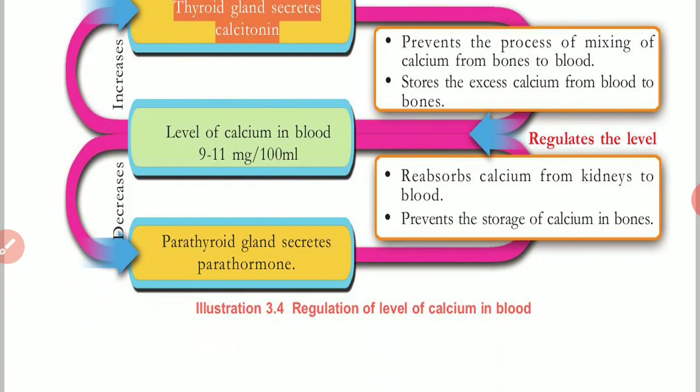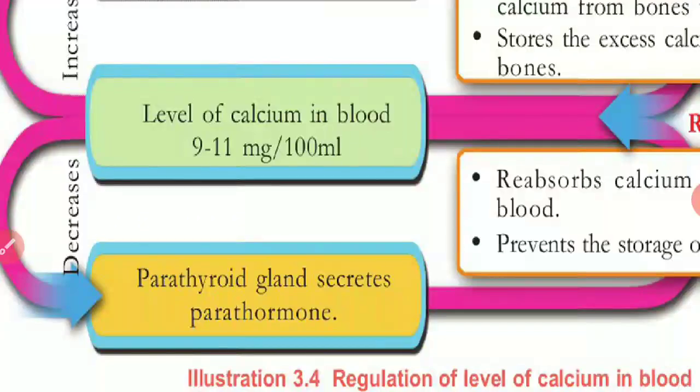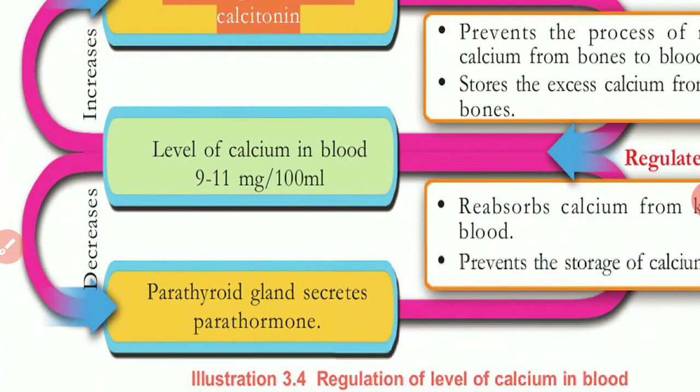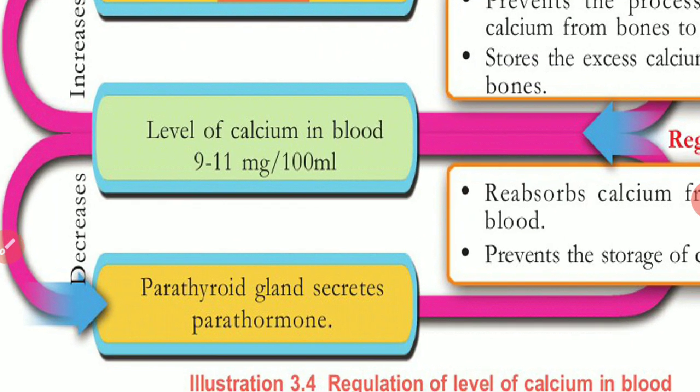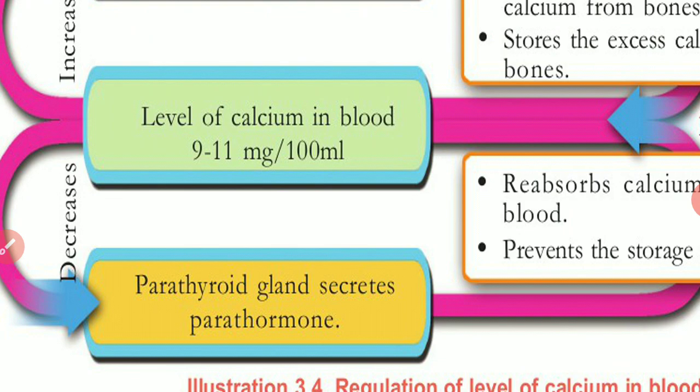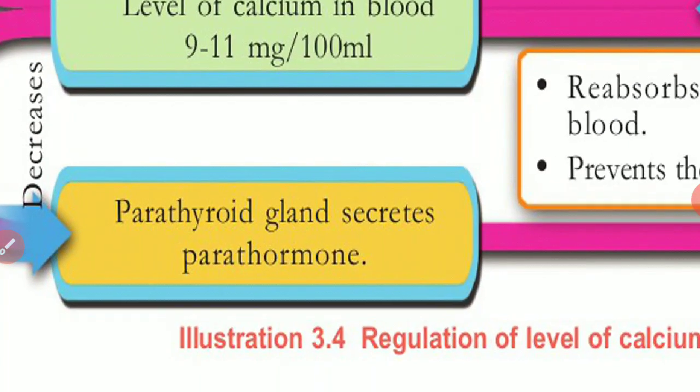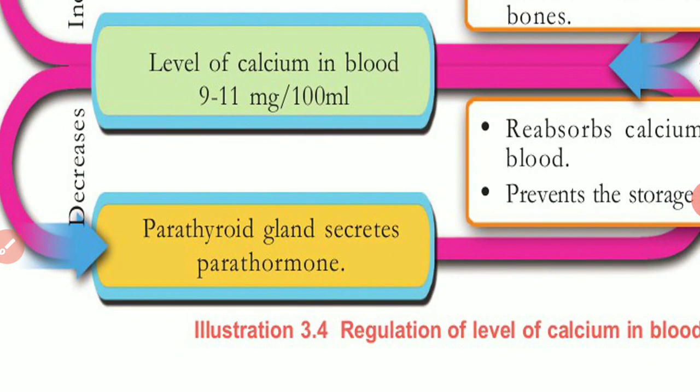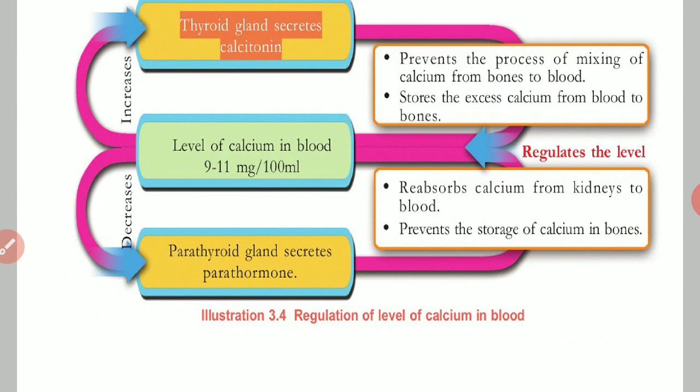When there is a decrease of calcium in blood, when it goes below 9 mg, normally 9 to 11 mg, the parathyroid gland secretes parathormone.